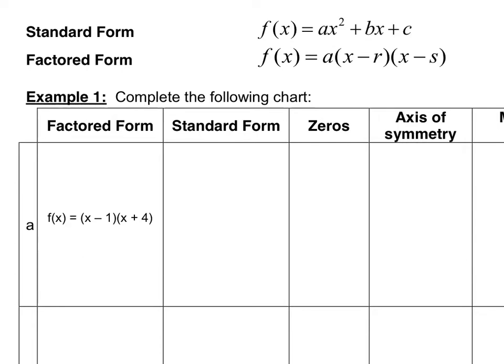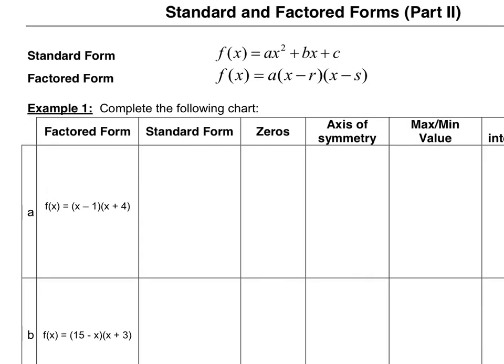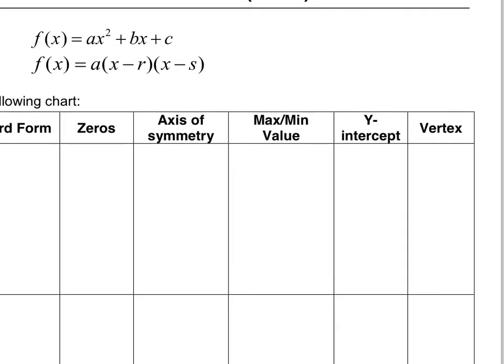It's going to ask me to turn it into standard form, find the zeros, which comes from my factored form, the axis of symmetry, which is the midpoint between my zeros, my max or min value, which is referring to the y value of the vertex, which comes from my axis of symmetry, the y-intercept, which is coming from my standard form, or when x is equal to 0 in my vertex form, and then ultimately putting together my axis of symmetry and my max and min value to produce a vertex.